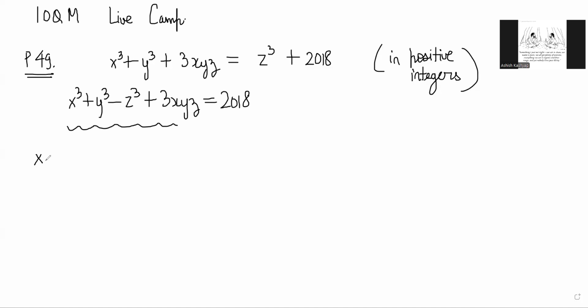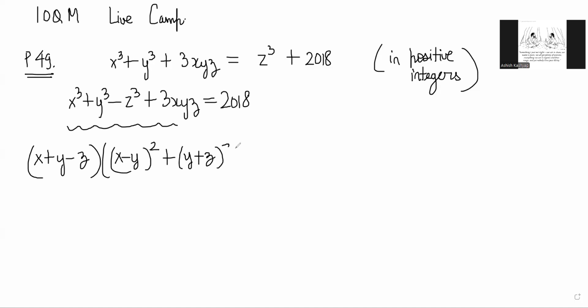So we get (x plus y minus z) multiplied by ((x minus y) whole square plus (y plus z) whole square plus (z plus x) whole square) is equal to 2 times 2018. This is what we have.